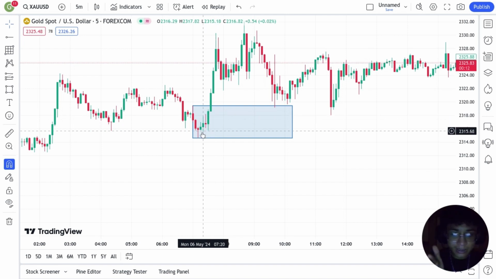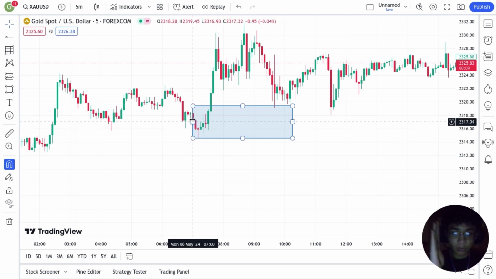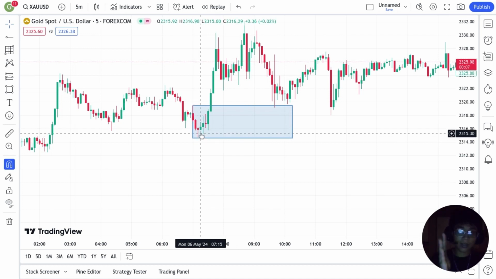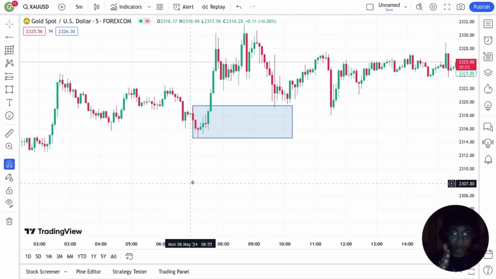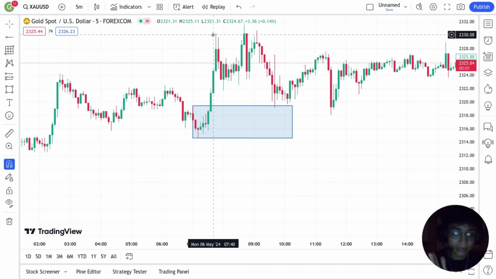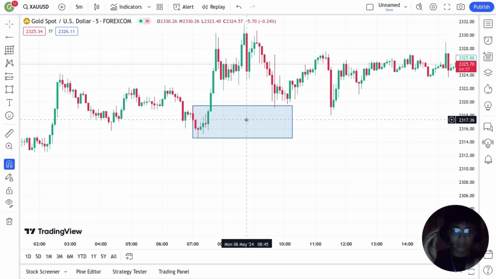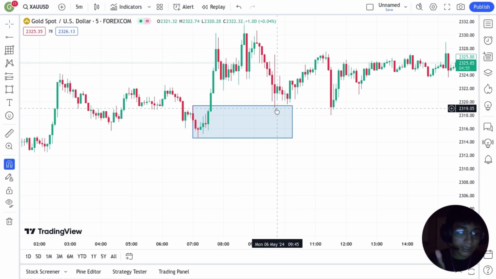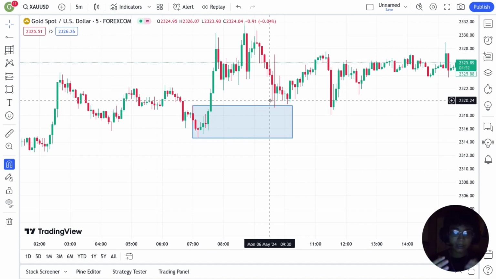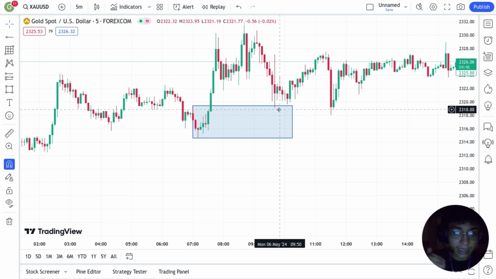The reason we see this move up is because lots of large orders were able to be filled, which caused the market to go up. So if price decides to revisit this area, what is gonna happen? We can predict that large orders are gonna be filled again if price revisits that area.